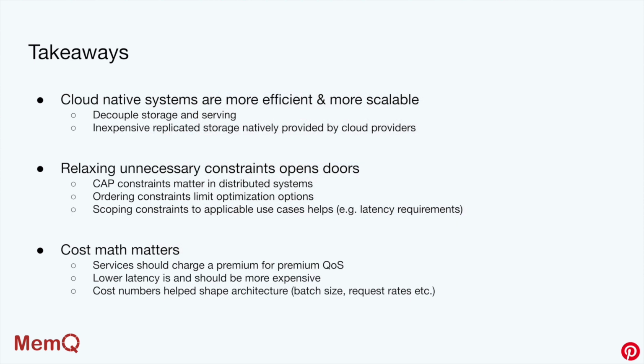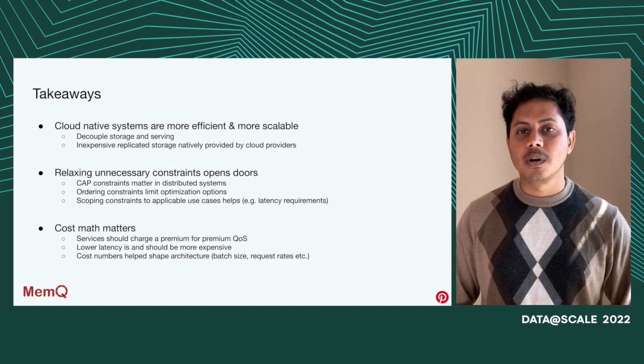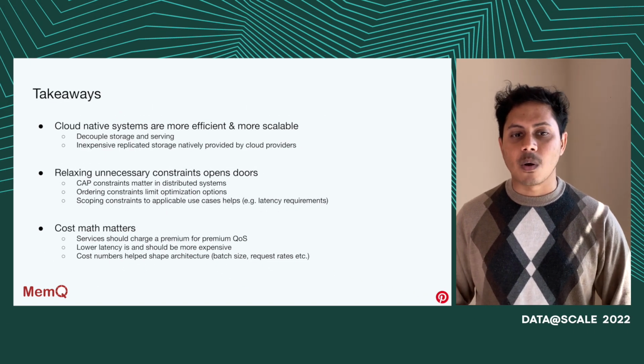All right, so what are the takeaways out of MemQ? Well, we were able to establish that cloud-native systems are efficient and more scalable. And we are able to use decoupled storage and serving and inexpensive cloud-replicated storage to service our needs. Next, relaxing constraints in distributed systems, specifically ordering constraints, helped us open architectural options to be able to increase our throughput, scalability, and reduce cost.